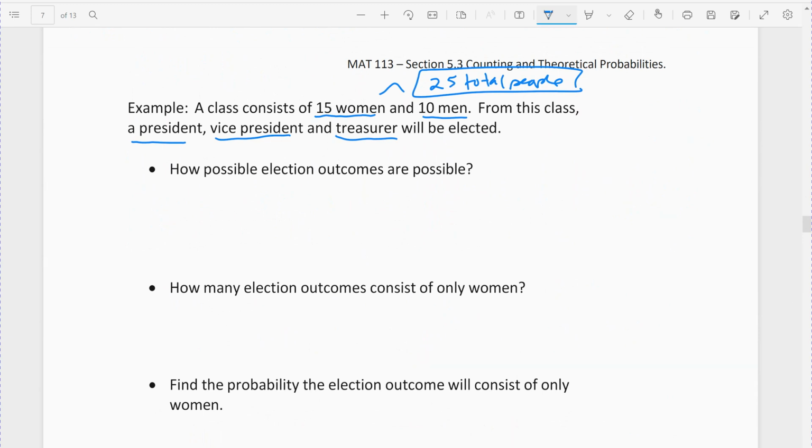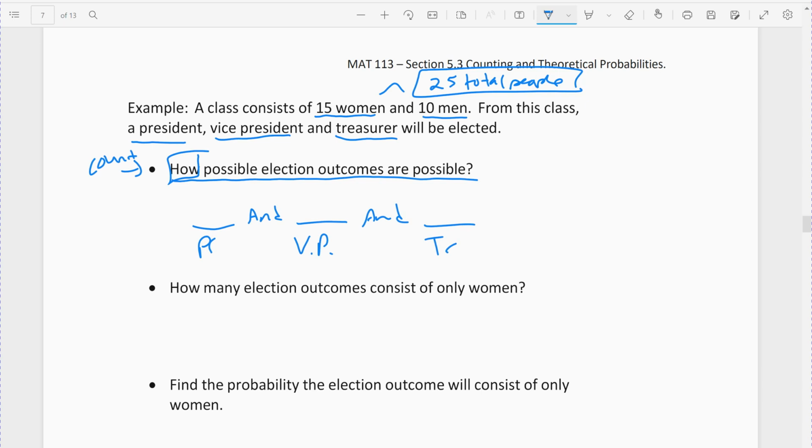How many possible election outcomes are there? So how many, which would be the count. We're going to pick a president, a vice president, and a treasurer. It didn't say anything about not being allowed to pick the same person, but we're going to assume that.